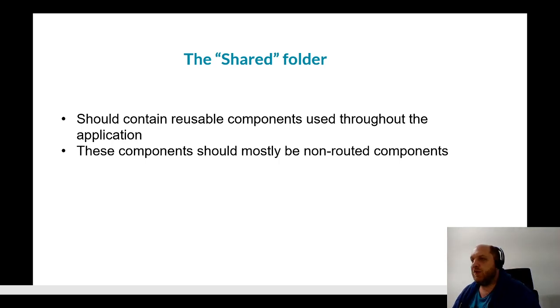And in Angular, this folder usually contains non-routed components. So this means components like buttons, like layouts, like drop-downs that you would use throughout the application at some point, but for which you don't need any routes to point at. So these components are usually placed in this shared folder.